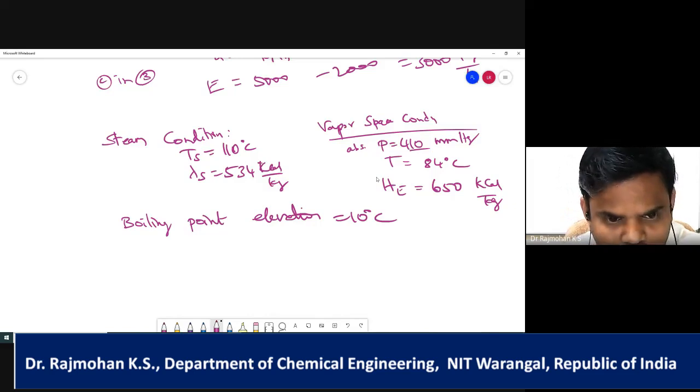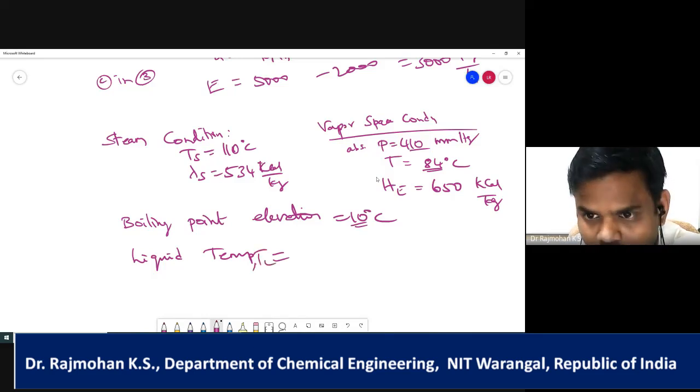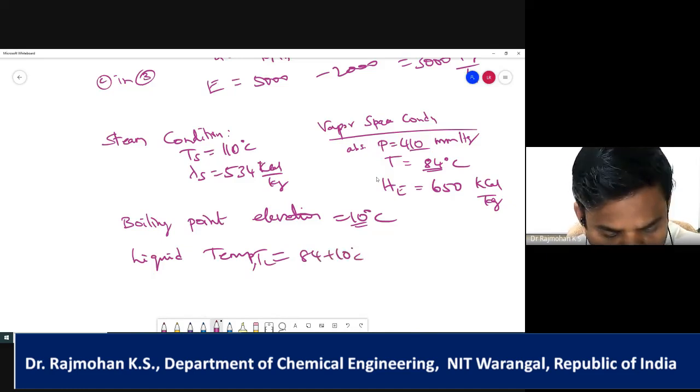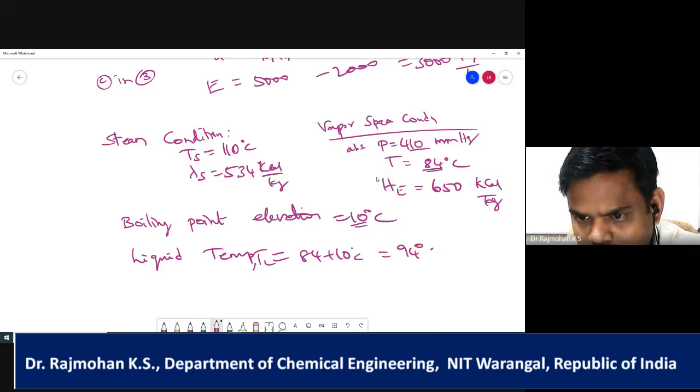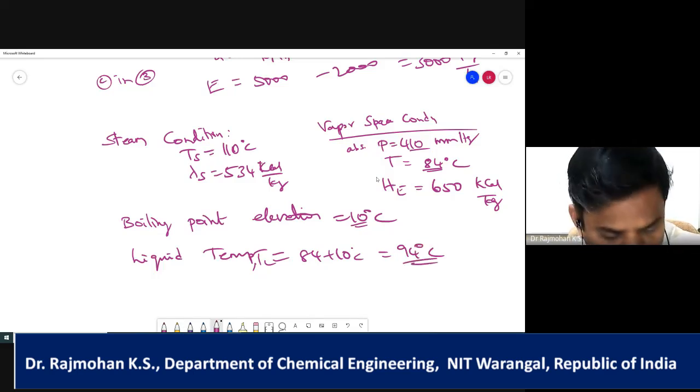And liquid temperature TL is equal to the vapor space temperature 84 plus 10. So there is temperature increase. 94 degrees Celsius is the temperature at which the product liquid stream is leaving.